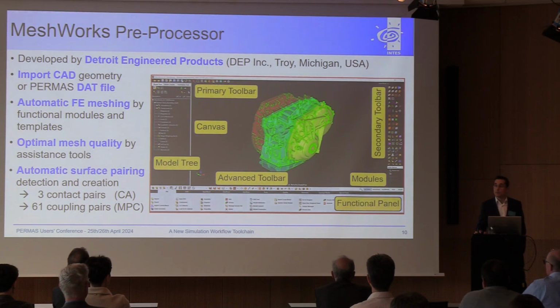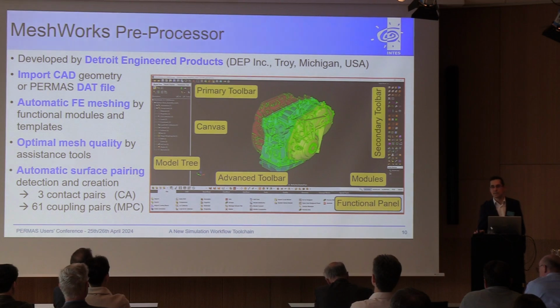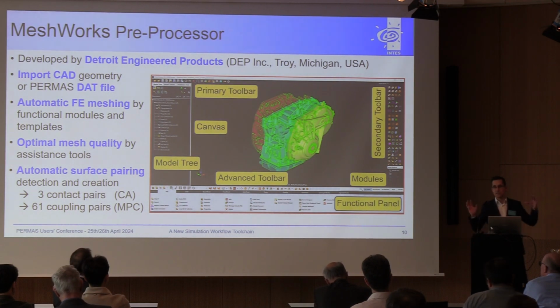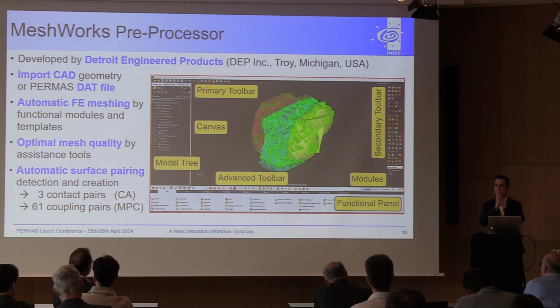And also a very important point I want to point out is that for this process, there are automatic surface pairing algorithms inside of MeshWorks. So if you want to get all the connections between two parts of your meshed model, then by the automatic surface pairing, you can detect surfaces and additionally pair the correct surfaces into your contact or MPC definitions.